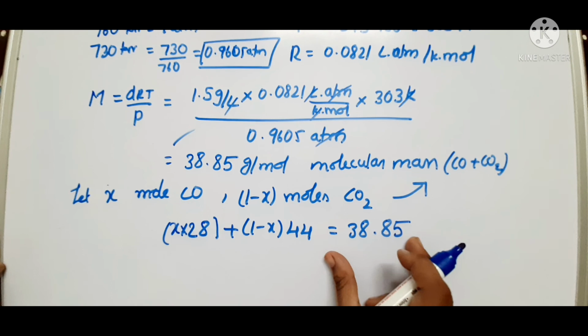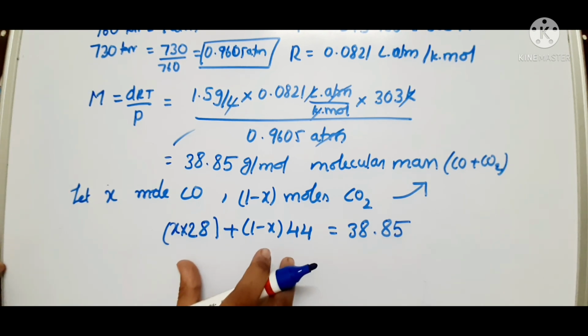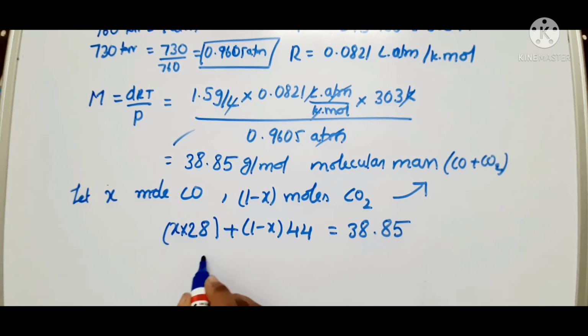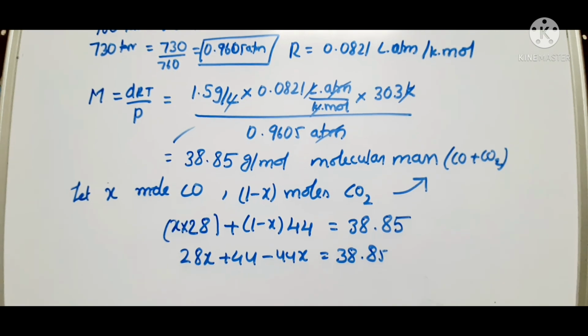If you calculate this, you will have 28X plus 44 minus 44X equal to 38.85.